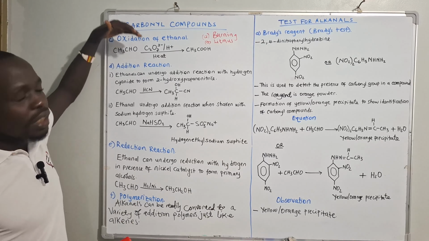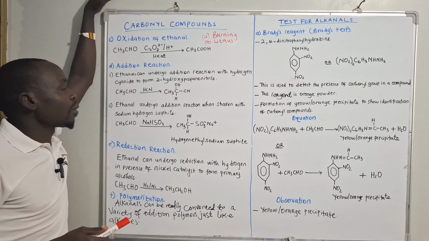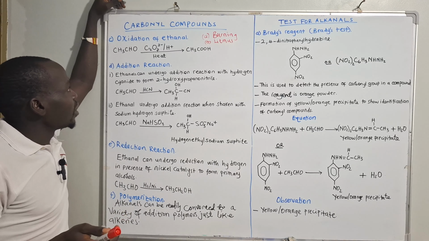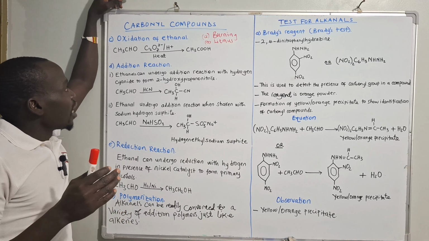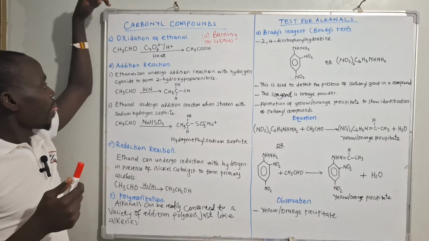When we talk of oxidation, the four definitions should be at the back of your mind as a student of chemistry. The opposite of oxidation is reduction, which we shall also come to.